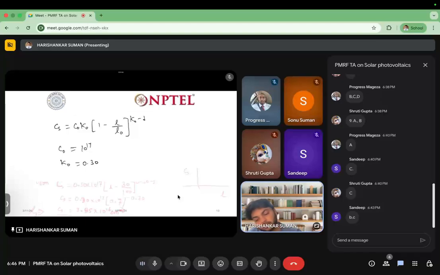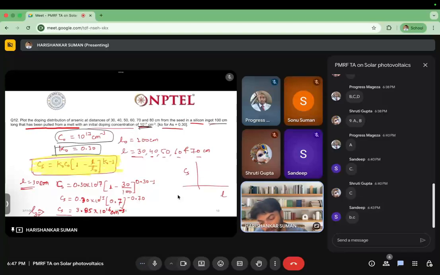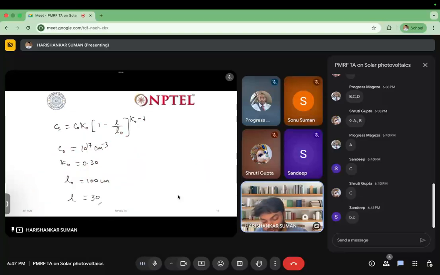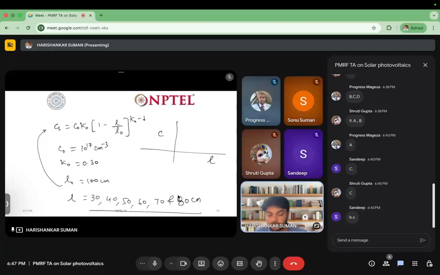L0 also you have, 100 centimeters. This is per cubic centimeter. Now you have to calculate for 30, 40, 50, 60, 70 and 80 centimeters. Please put the L value from here and now plot the variation between L and CS.